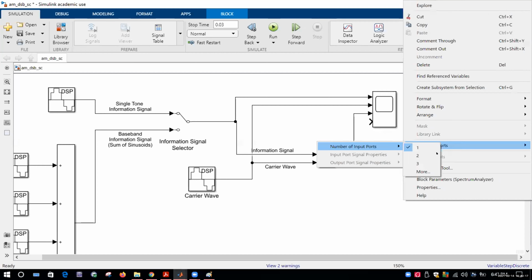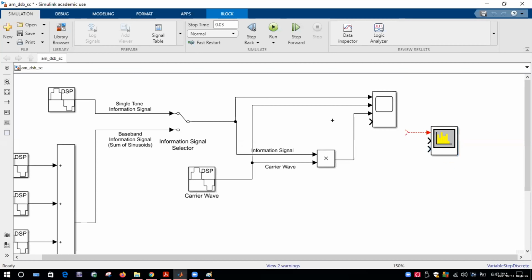Number of ports, let's say 3, because we want to measure 3 signals. First one, I will measure the information signal. Second one, the carrier. Third one, the output.